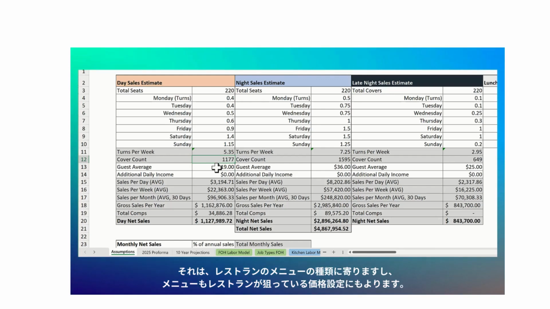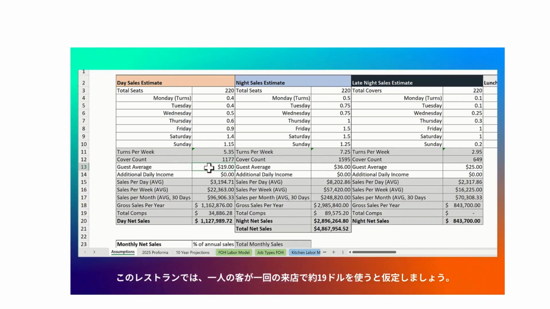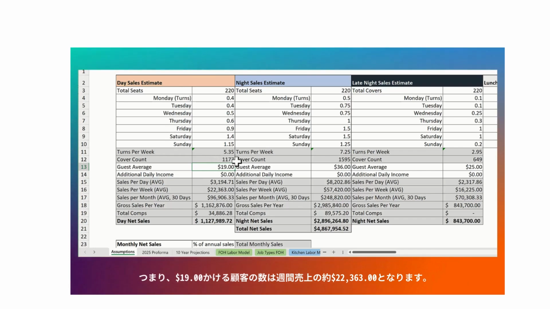And that all depends on the type of menu you're thinking about and the price point that you're thinking about. In this particular restaurant, we are going to assume that each guest was going to spend about $19 per visit. So what we then do is we multiply that $19 for how many guests we are going to have, and that gives us a weekly sales of about $22,363.